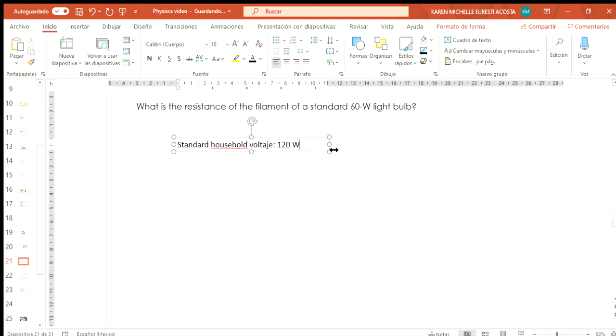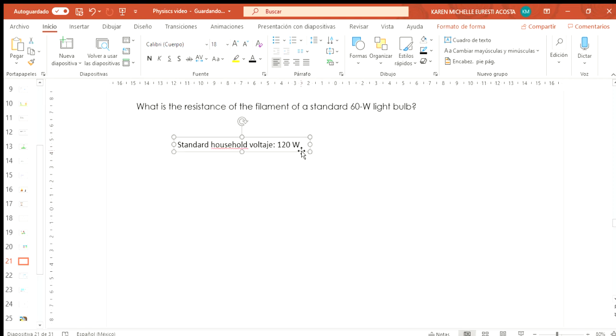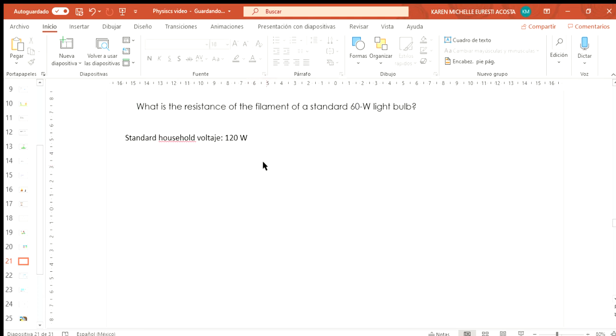This changes between countries. Here we use that in Mexico and USA, but in other countries they can have more or less, depending on the country.